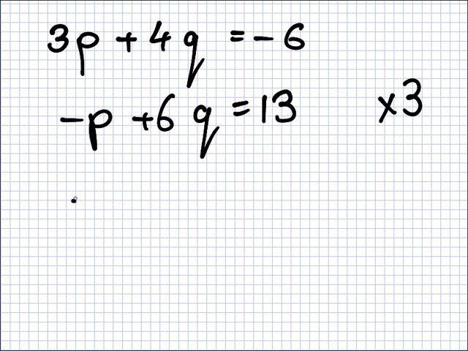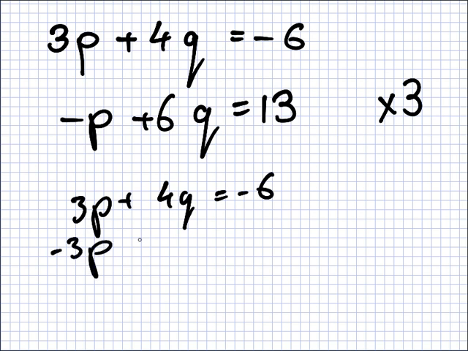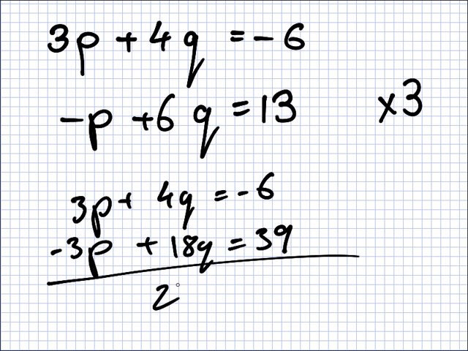Okay, so let's see what we get here. 3p plus 4q equals minus 6, and minus 3p plus 18q equals 39. Yeah? And then I must add them together. What's that? 22q equals 33. So q is 3 over 2.